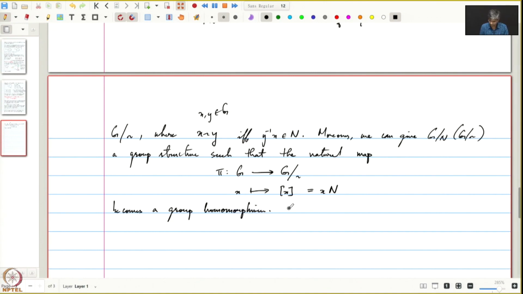That's one thing. Further, that's one nice thing which happens when N is a normal subgroup. But there's another nice thing which happens. This map pi has the following property.